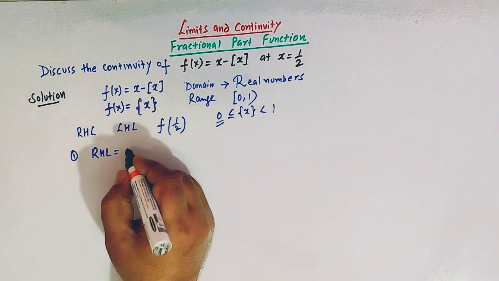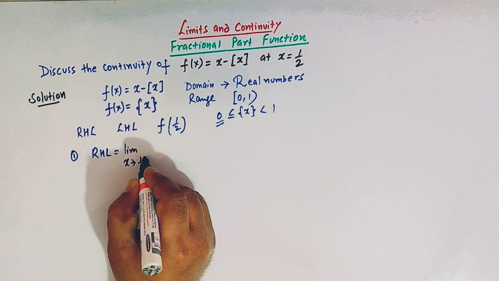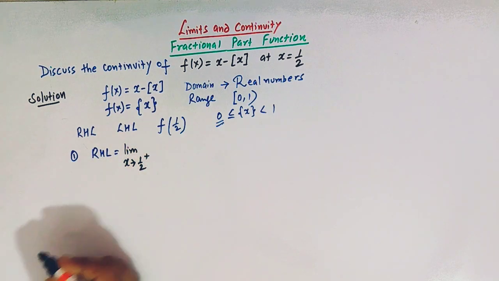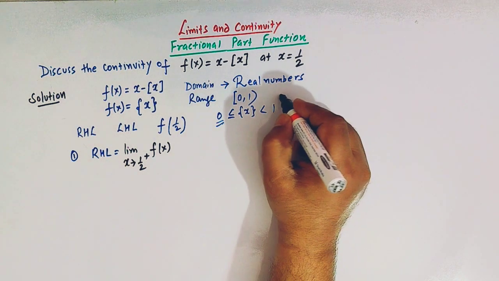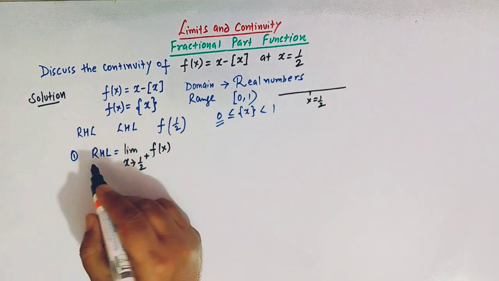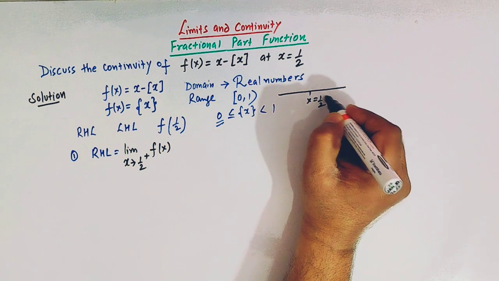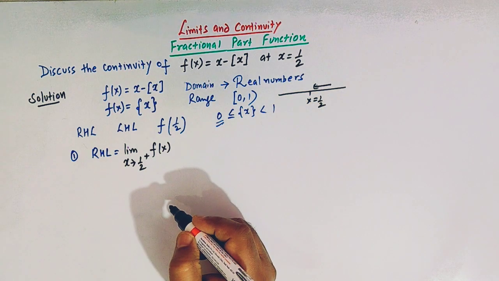So now the notation for the right hand limit is the limit x tends to 1/2, and here we'll put a positive sign, and here we have f(x), right? So here we have the point x = 1/2. So when we find the right hand limit, we are approaching towards 1/2 from the right of x = 1/2, right?